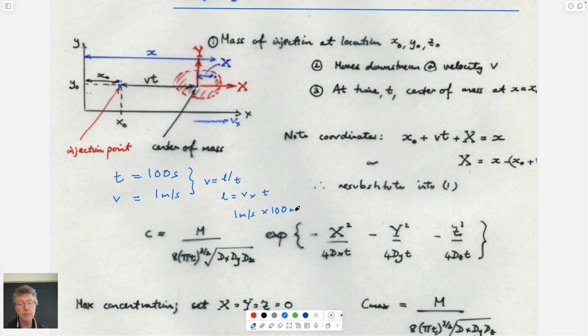Ridiculous velocities in groundwater equals 100 meters. So the center of your coordinate system would move downstream by 100 meters, and that would now be your origin.